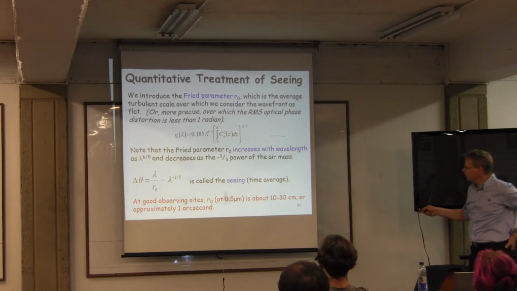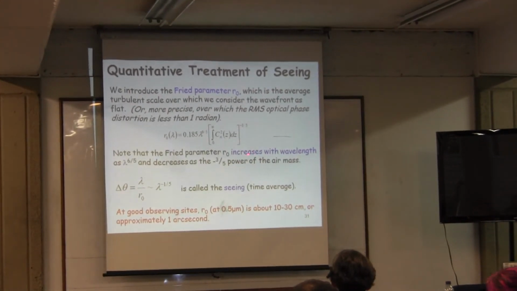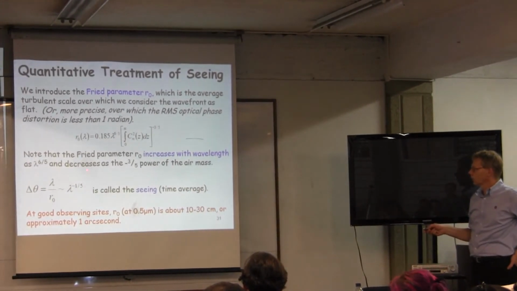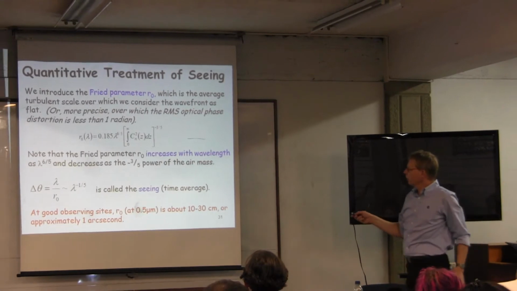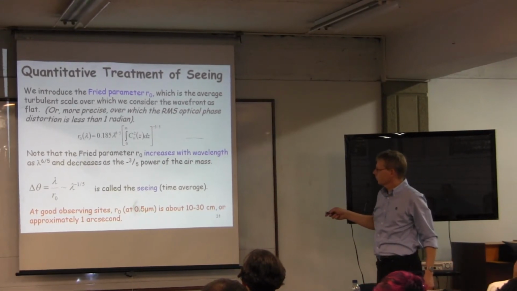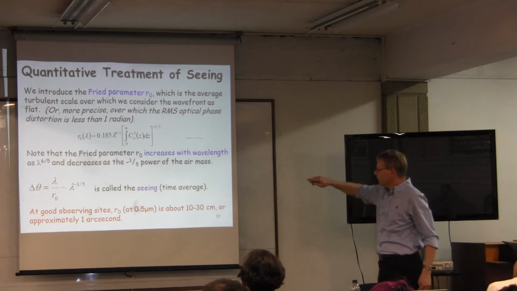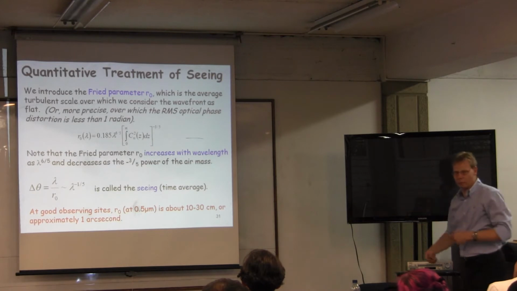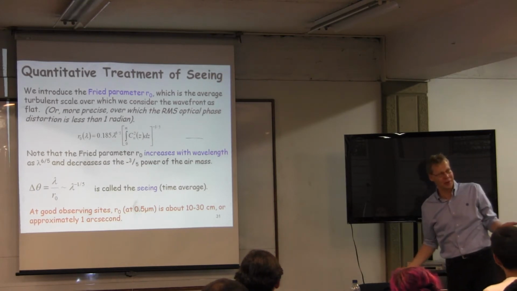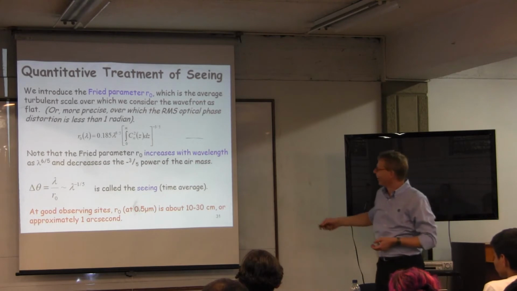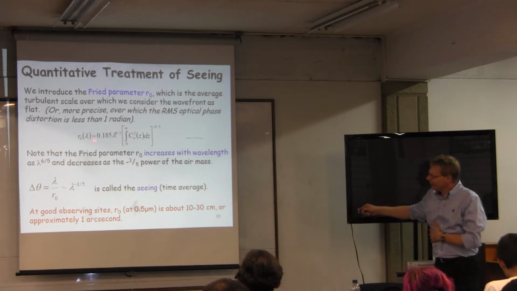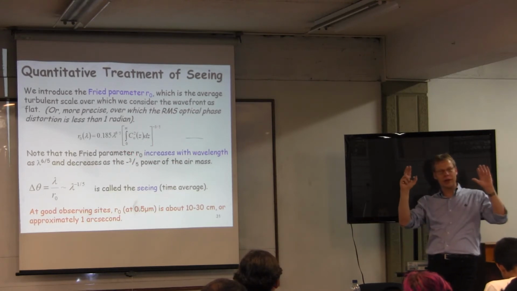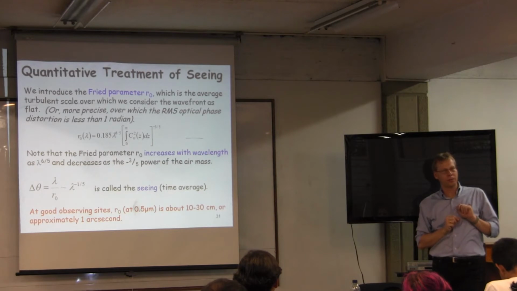Okay, so what does it mean? It increases with wavelength and decreases with air mass. So an easier way would be to say it decreases with air mass, right? That means this free parameter shows us the size of the sky patch that gives us a flat wavefront.